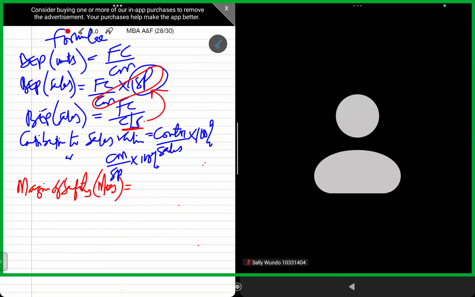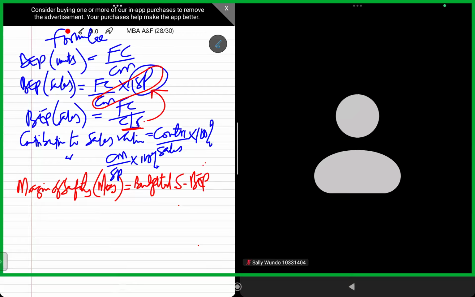Margin of safety, MOS, tells us how many units a business should sell after break-even to make profits. That's basically what margin of safety is saying. So we go in with the budgeted sales. How many the business budgeted to sell minus the break-even point in units.